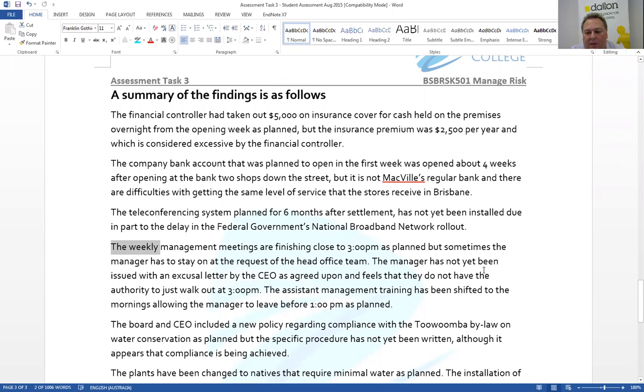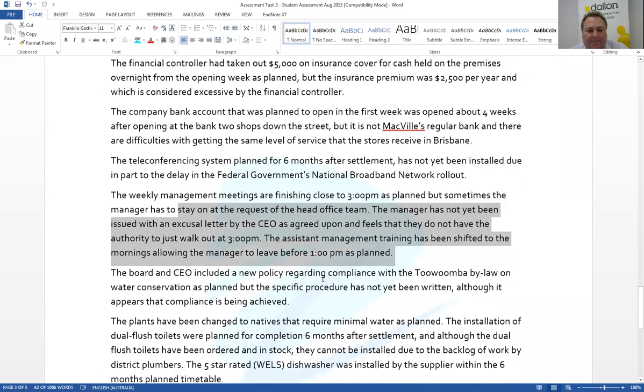The manager has not yet been issued with an excusal letter by the CEO as agreed upon. It feels that they do not have the authority to just walk out at 3 p.m. So obviously there needs to be a system there in place, and probably even some policies. The assistant manager training has been shifted to the mornings, allowing the manager to leave before 1 p.m. as planned. So that again can be listed in the table.